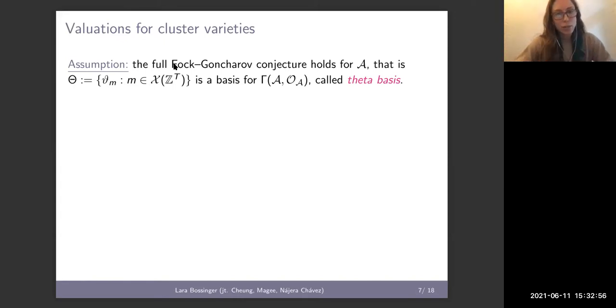The second part of this conjecture, why it is a stronger version, is that they actually form an algebra, and that this algebra in the end is the algebra of regular functions on the A variety. For my examples it will be necessary to have this conjecture, and it is satisfied in the cases that I'm going to talk about.